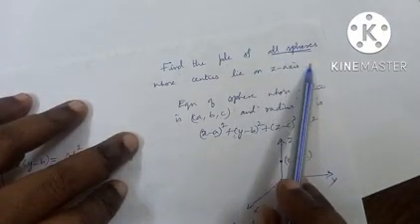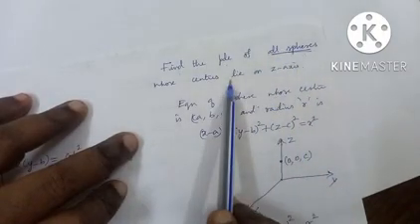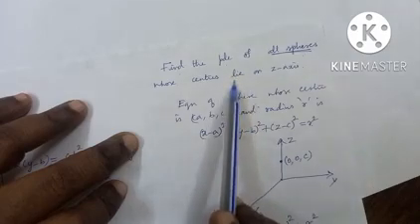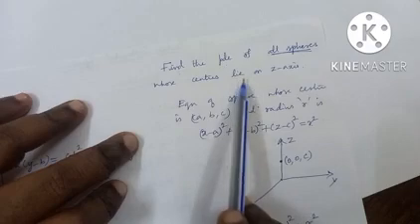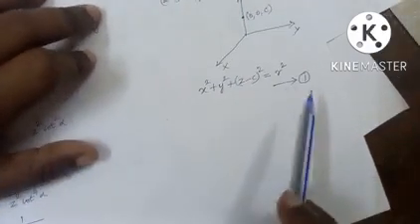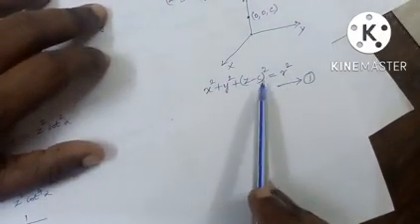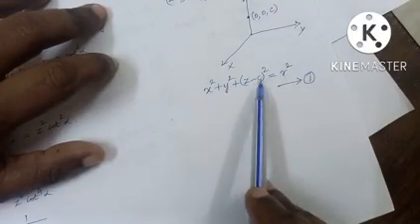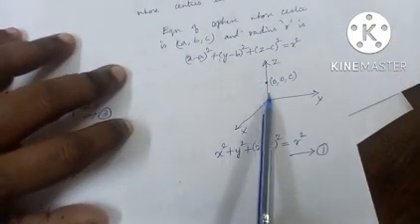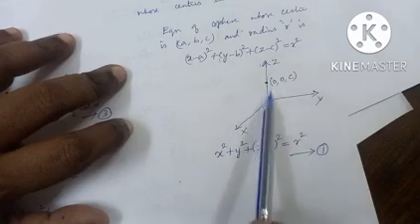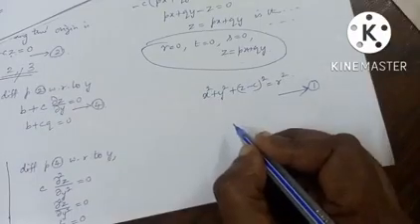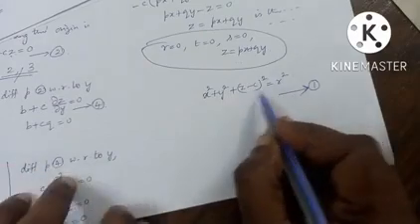So the radius is also an arbitrary constant. It is not a fixed constant. So r is an arbitrary constant, and c is an arbitrary constant. The center of the sphere differs when c takes different values. So c and r are arbitrary constants.